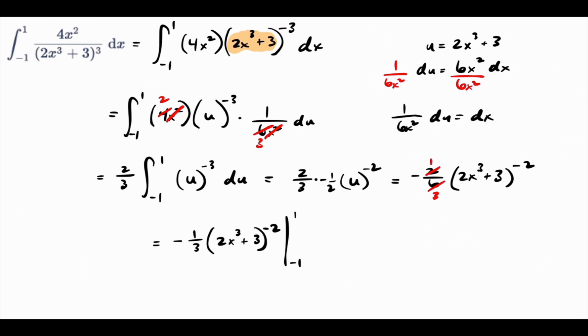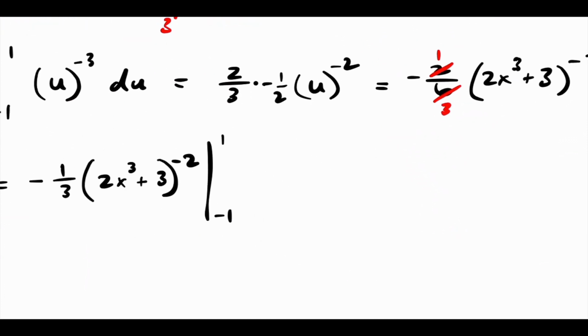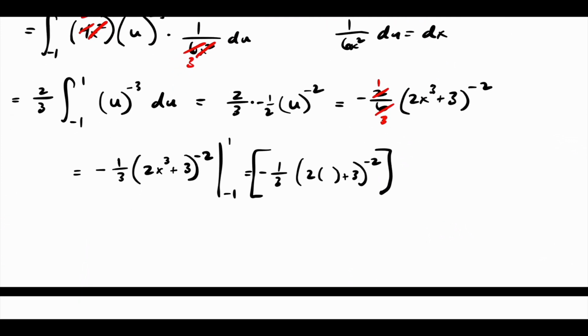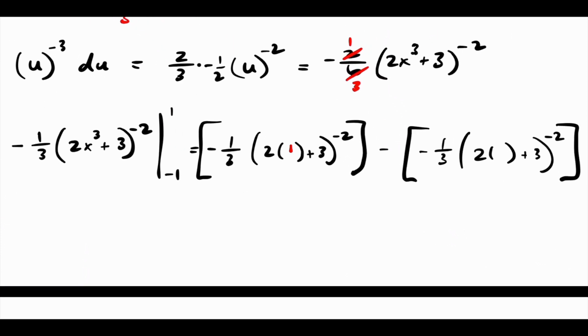So now I've got to plug in. Plug in 1, plug in -1. Plug in 1 first. There's only one spot to plug in. Plug in 1 on the first one. Plug in -1. Top goes first, bottom goes second.